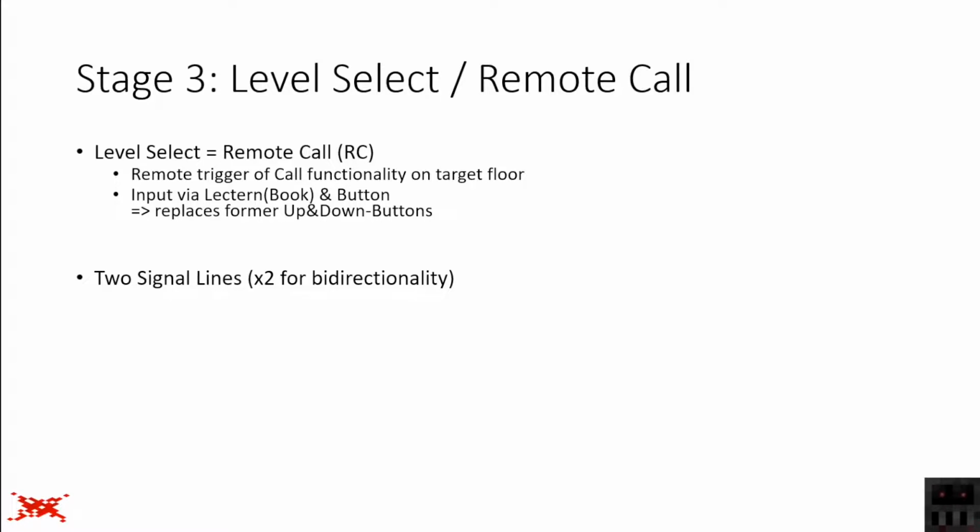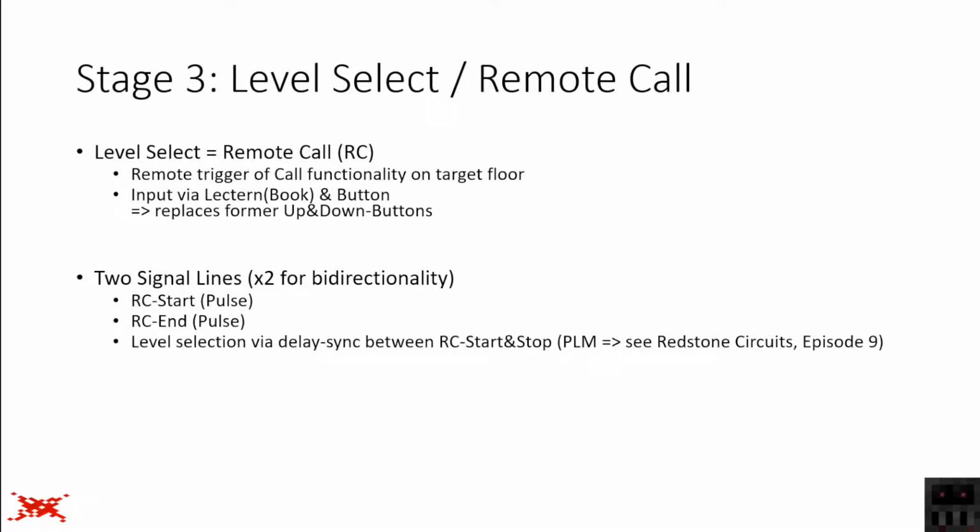Then I needed to consider how I want to connect the 2 different floors. Here I decided to go with 2 signal lines, which should be bidirectional. One sends a pulse for the remote call start, and the other sends a pulse for the remote call end. The actual level selection happens via the delay between those 2 pulses.